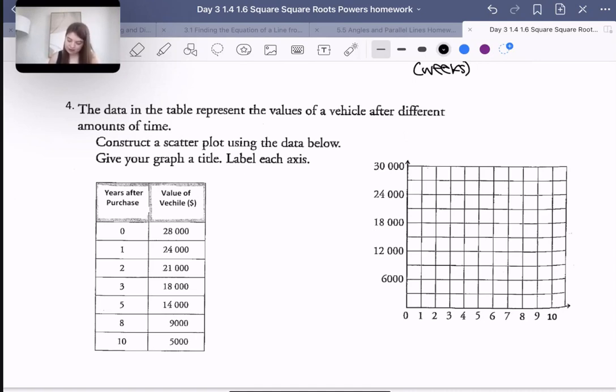So let's give our graph a title. Let's say the vehicle value over time.